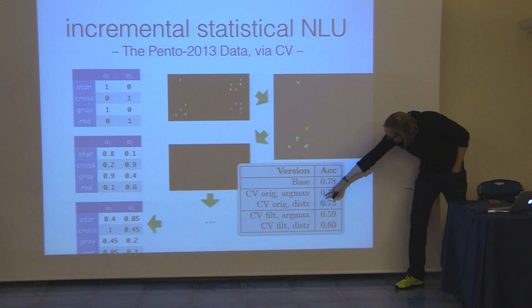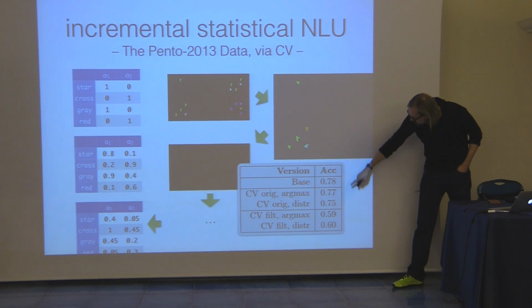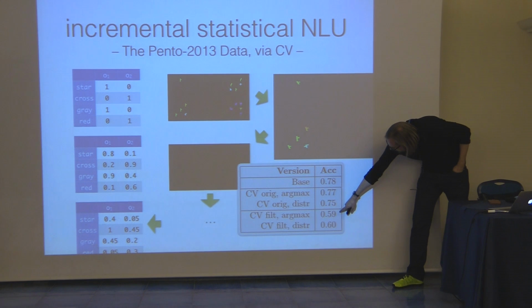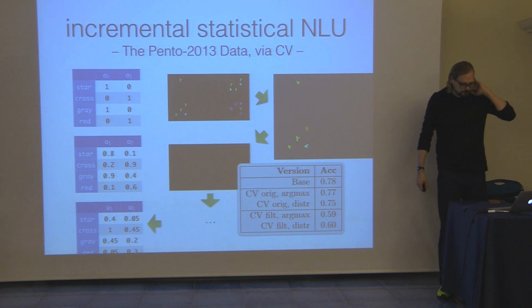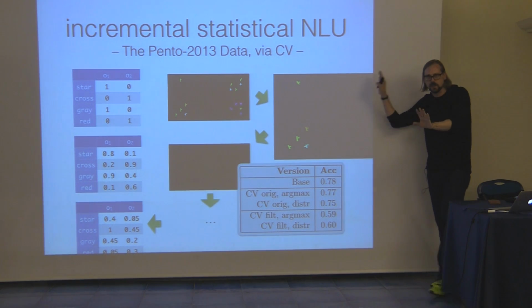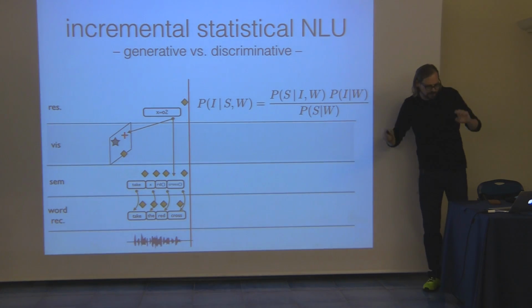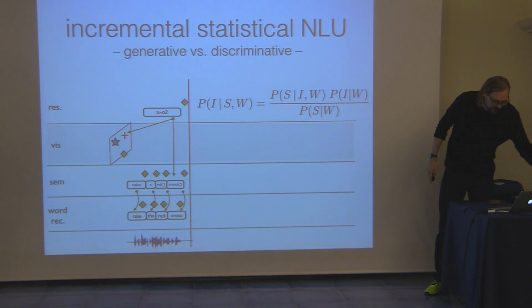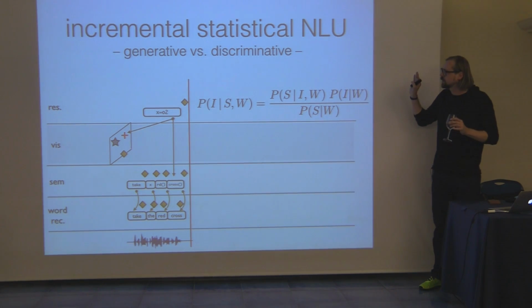And if we use the filtered images with a lot of uncertainty about the state of the world, we get this performance. If we take the argmax, the best one, but if we actually plug in the distributions, we fare better. So the take-home message here is that we preserve the uncertainty, and it's all very nice. And we have connected, so this is a better way, I believe, of connecting the language with the world.